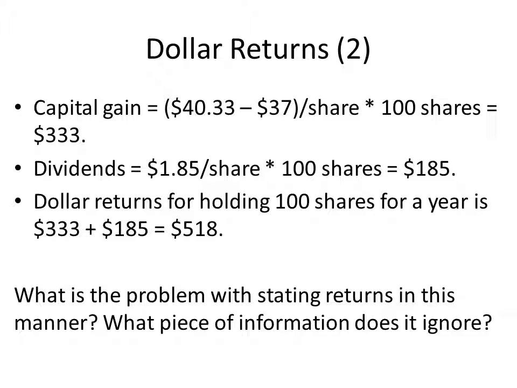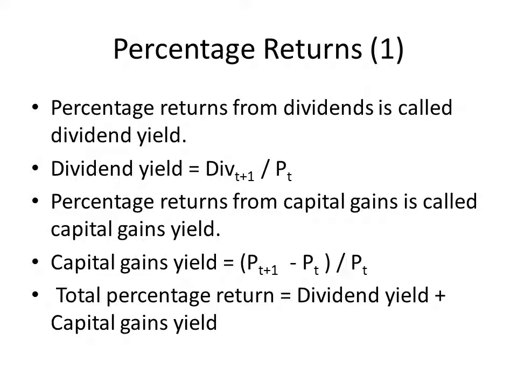It doesn't give you any information about your return compared to the amount you had to invest to get that return. So now we need to look at a measure that takes care of this problem of comparison with the amount invested, and that's called percentage returns. And once again, we get returns from both dividends and capital gains. The percentage returns from dividends is called dividend yield.